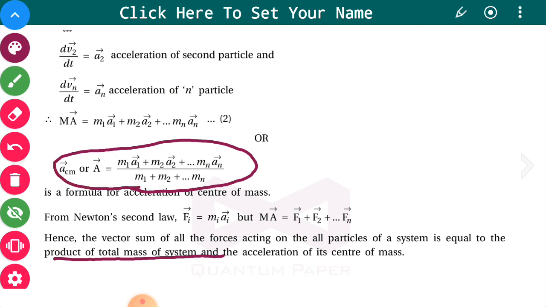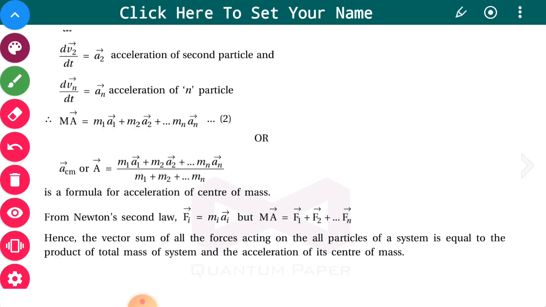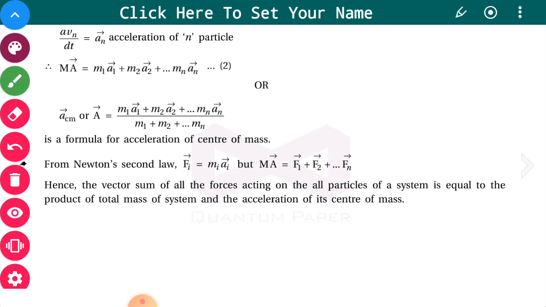Okay, we have taken capital M in the denominator of this. Capital M, as you know, is the sum of all the masses. Now, as you know, ma is nothing but mass into acceleration, which is nothing but the force. So we can write this ma as the forces acting on the first, second, up to the nth particle, that is F1, F2, up to Fn.